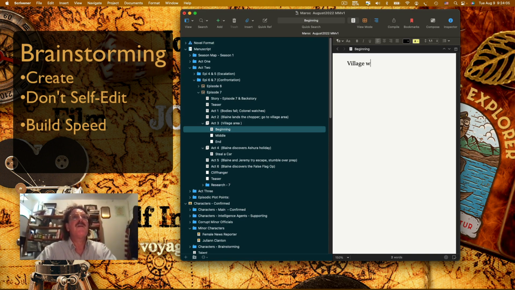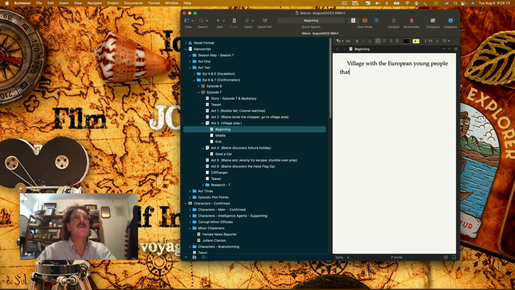So we have the village with the European young people that they met at the lake, which was earlier. They're invited to dinner with them as cover. That's important.